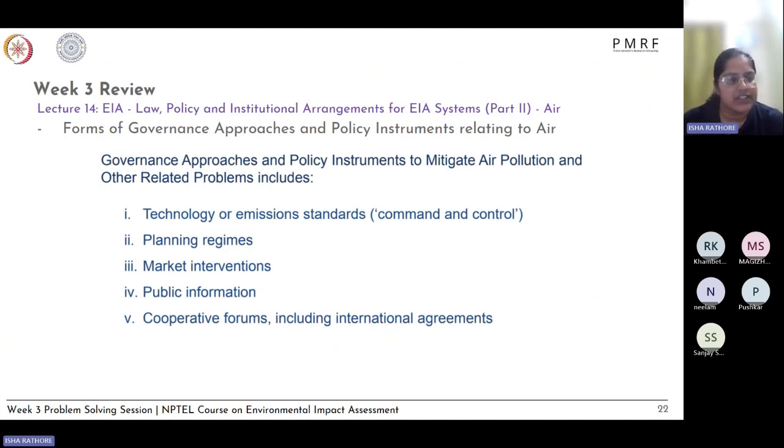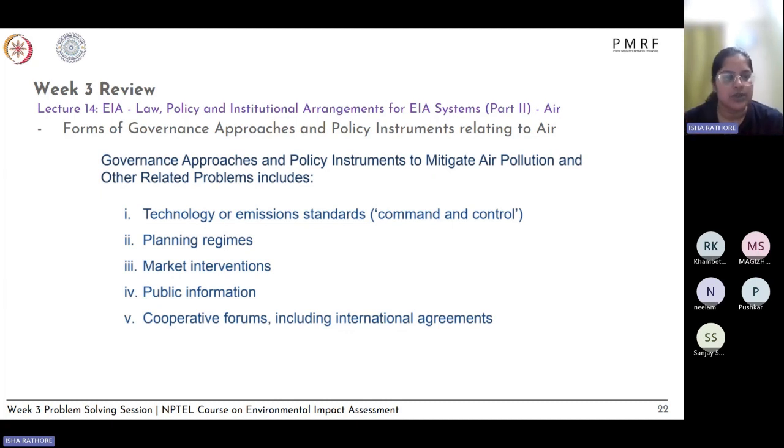Then we can also have planning regimes, market interventions, public information, and cooperative forums, including international agreements. Market interventions can be, for example, if you have a certain kind of chimney, you can make certain interventions, or you can penalize products which lead to more pollutants being released.